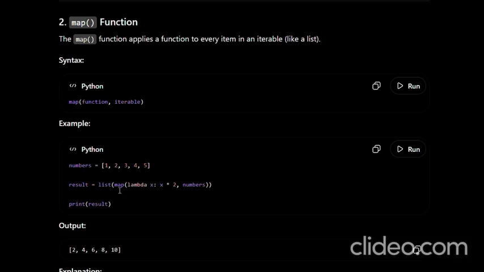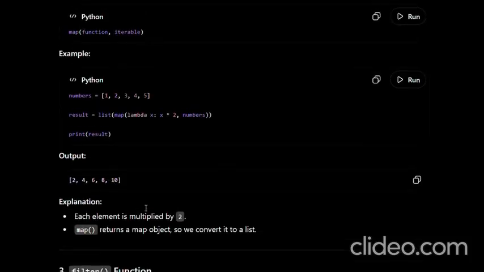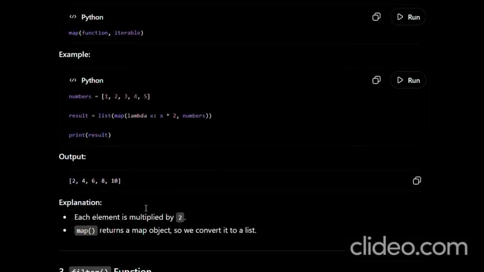It will take each element from the numbers, apply the lambda function on each element, like 1 multiply 2 equals 2, then combine all of them in a list and return the list as output. So each element is multiplied by 2 here.